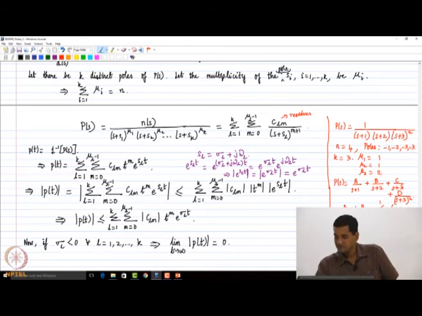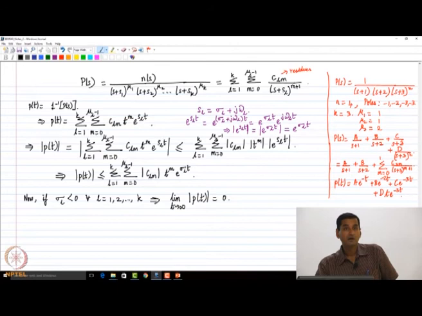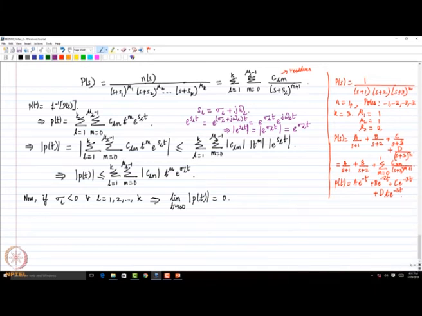Yes, please. Can we take that the magnitude of e power s_L t is nothing but the magnitude of e power sigma? Okay, let me, I just skipped one step there. If I take the magnitude of e power s_L t, it's going to be equal to the magnitude of e power sigma_L t times e power j omega_L t. This is the magnitude of A times B, which is the magnitude of A times the magnitude of B. So e power sigma_L t, e power j omega_L t.